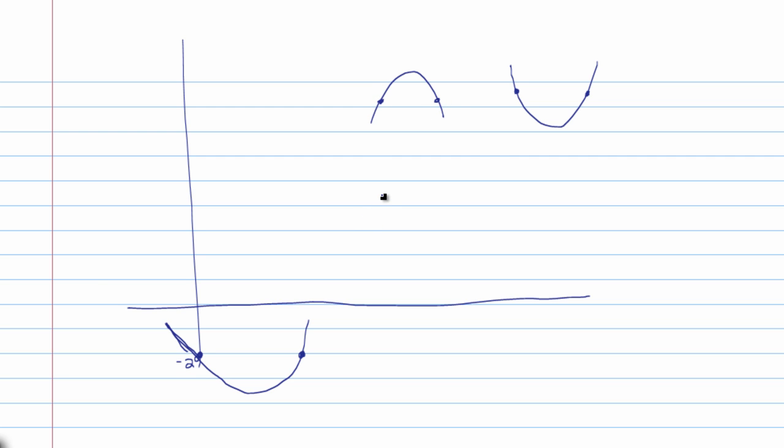The only exception to this rule is if we have the vertex on the y-axis, something like this. In this case, you're not reaching this height of negative 2 again because that's the lowest point on your parabola. Or if it was the highest point on your parabola, it looked like that.